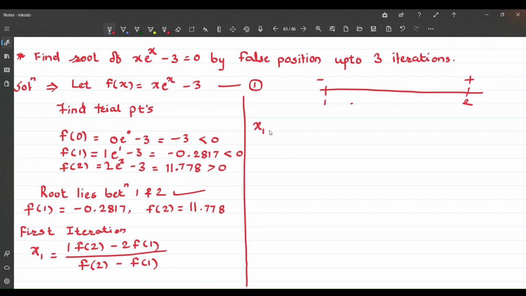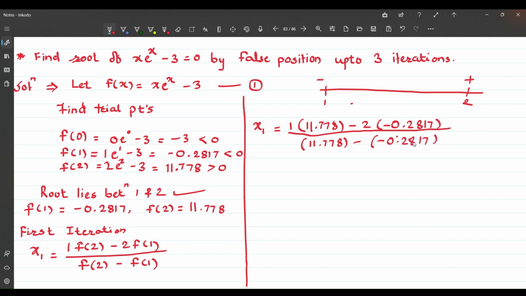Then x1 is equal to 1 as it is, into f of 2, which is 11.778, minus 2 into f of 1, which is minus 0.2817, divided by 11.778 minus minus 0.2817.